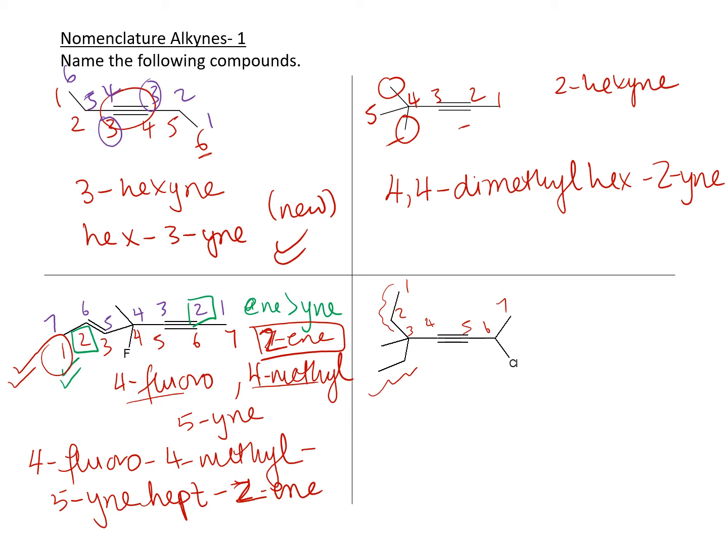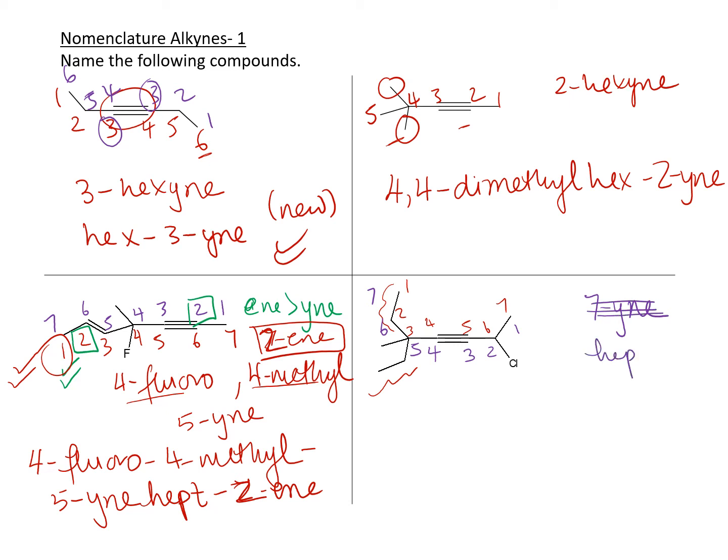Now for the numbering part, as to how to assign the locant. I'll do 1, 2, 3, 4, 5, 6, 7. And I could have gone down also. It's the same thing. So 7 is my longest chain, which means this is going to be a heptine.